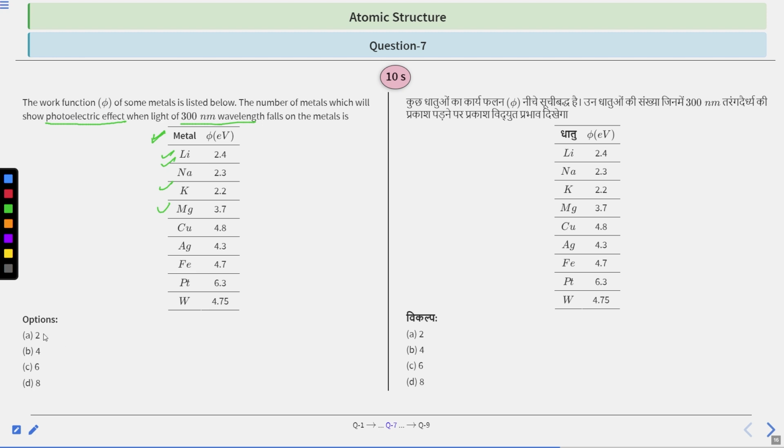Options are 2, 4, 6, 8. You have 10 seconds to solve this question. After that, we will see the answer.